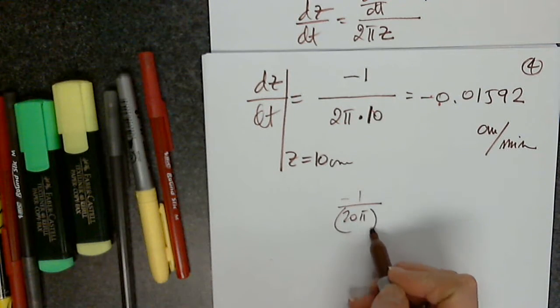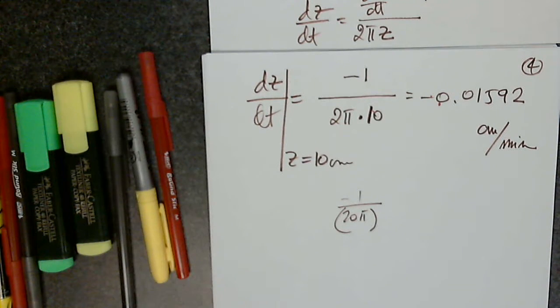If you did not put parentheses around 20 pi, then you're wrong. Because the calculator divides negative 1 by 20, but then the answer gets multiplied. Yeah. Okay, I got the same answer you got. Yeah, parentheses is what it needed.